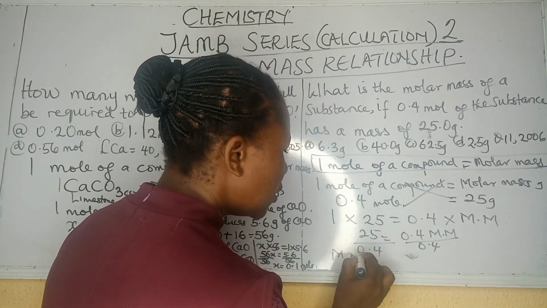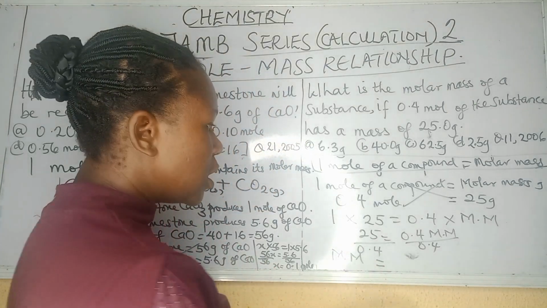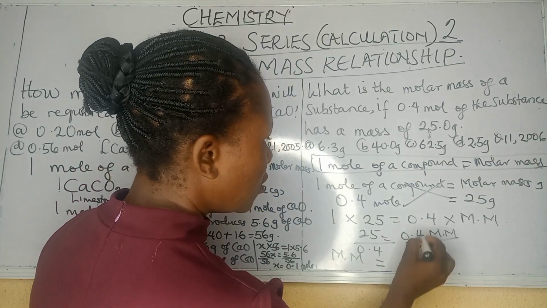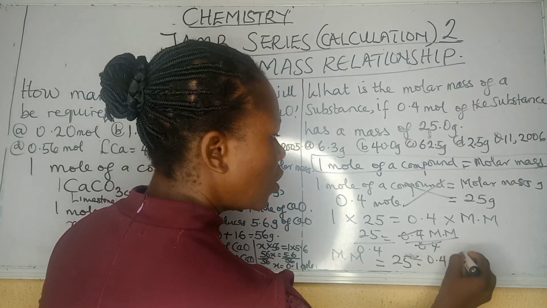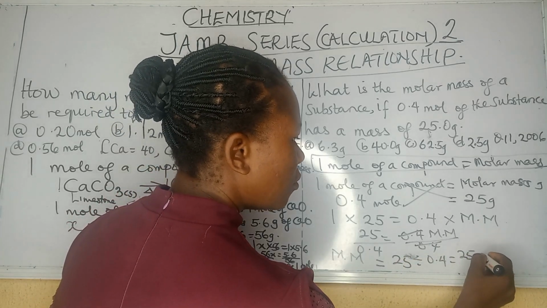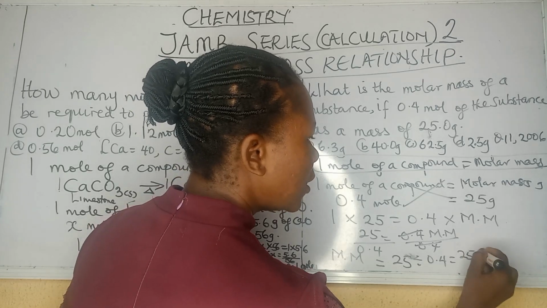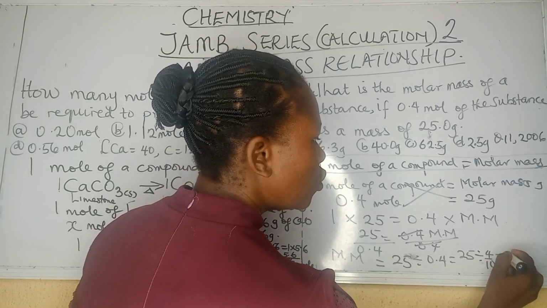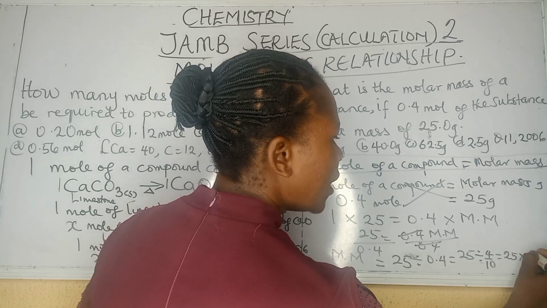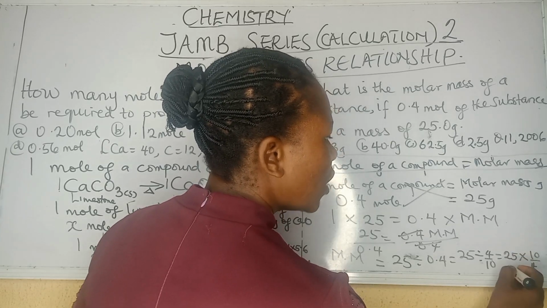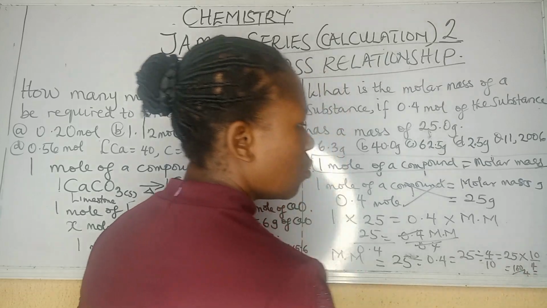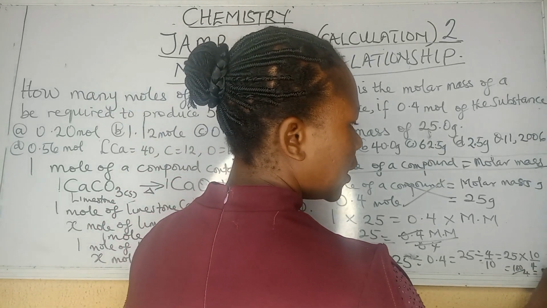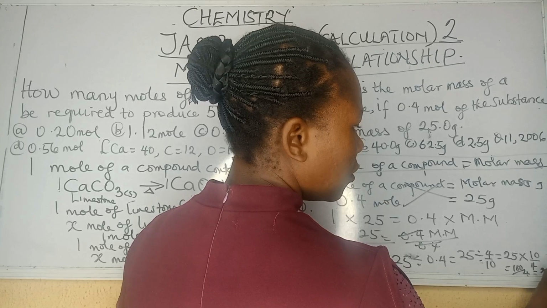The molar mass of that compound is 25 divided by 4 over 10, which is 25 multiplied by 10 over 4. So the answer here is 250 over 4.